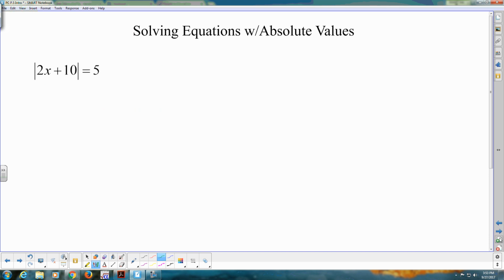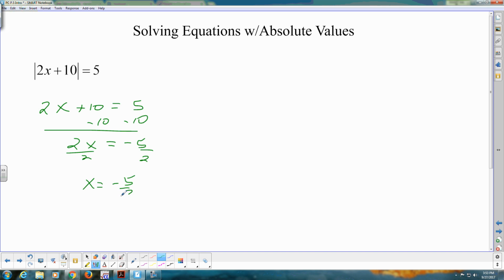All right, solving with absolute values. You learned that the first time you do this, there are 2 equations you have to set up. The first equation is you just take the bars off and solve it. Subtract 10 from both sides, 2x equals -5, divide by 2, x is equal to -5/2.